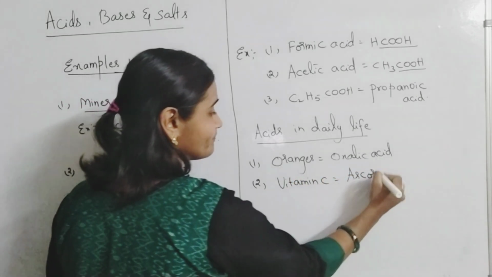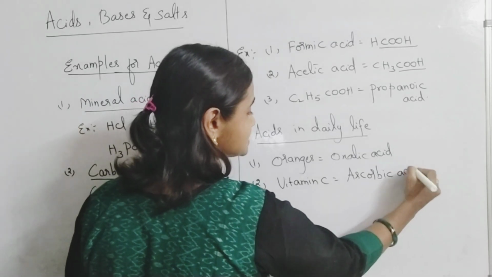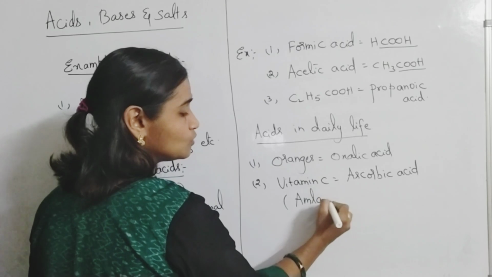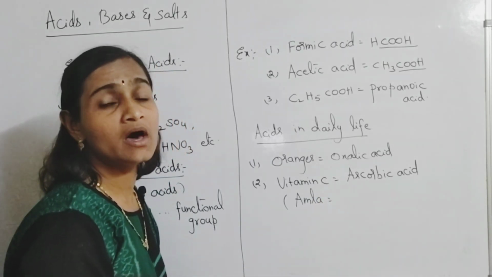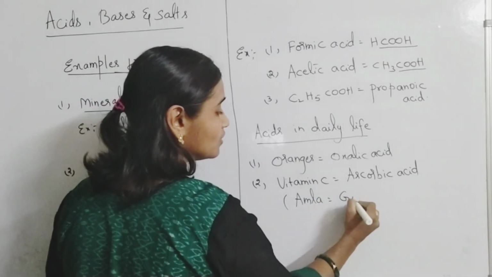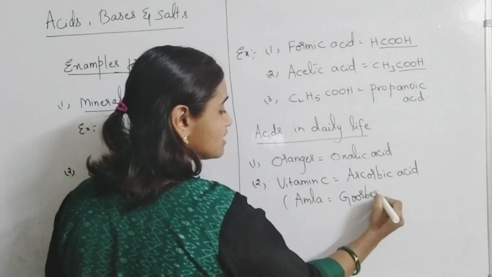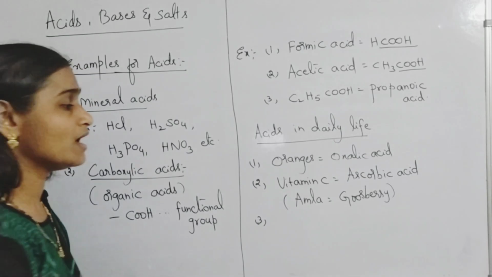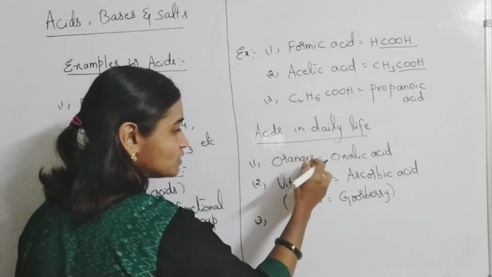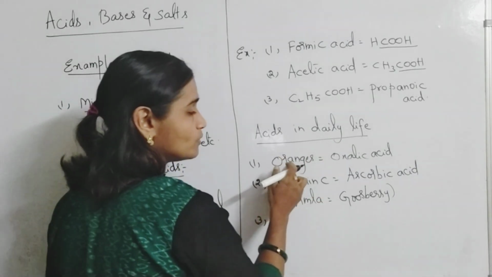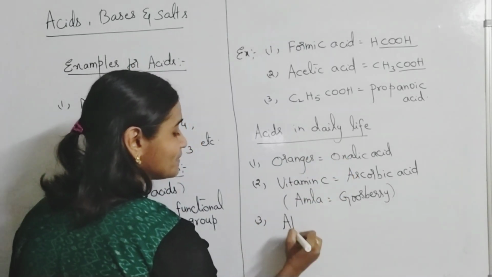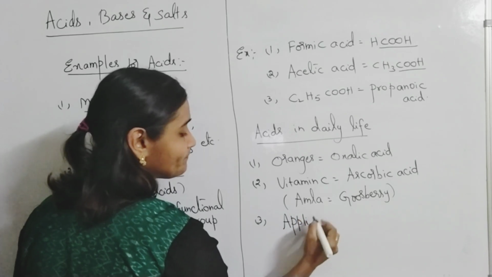Vitamin C is called ascorbic acid, which is generally present in amla or gooseberry. You all know amla or gooseberry. Not only oranges, even in tomatoes you find oxalic acid, and in apples you will find malic acid.